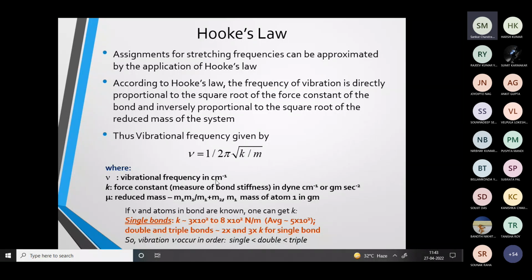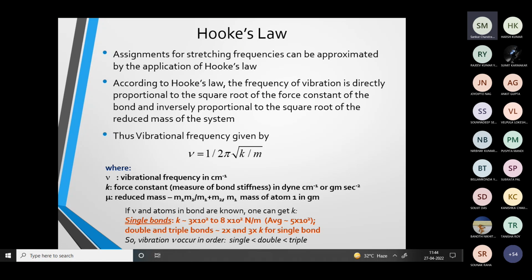That is in terms of centimeter inverse, as I already told you. Pi is the radial constant. K is the force constant, and its unit is dyne per centimeter or gram per second square. And mu is the reduced mass, that is m1 m2 divided by m1 plus m2.